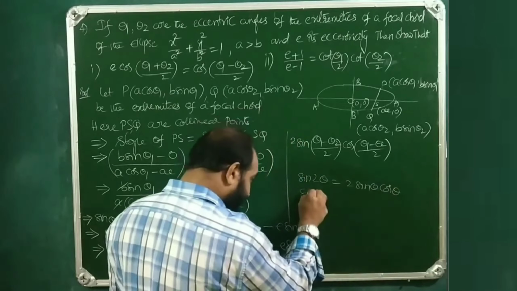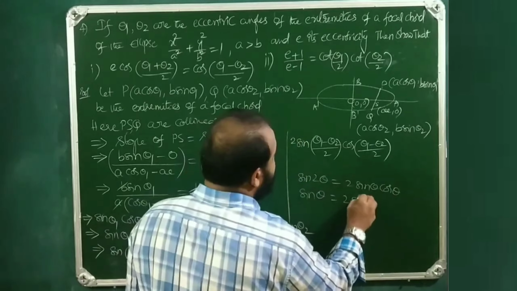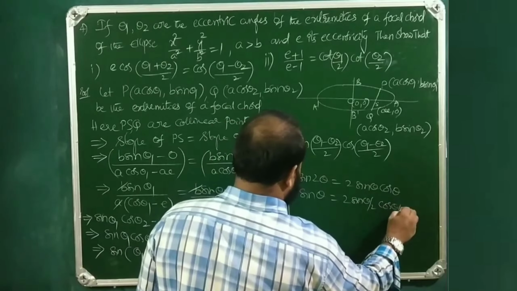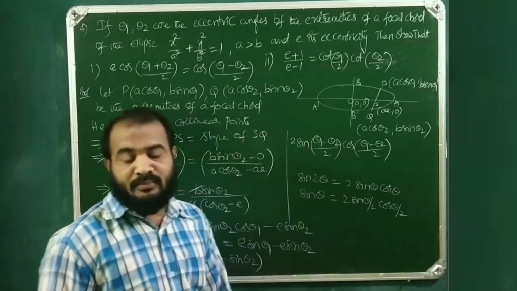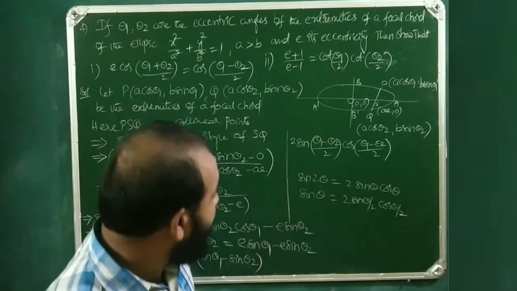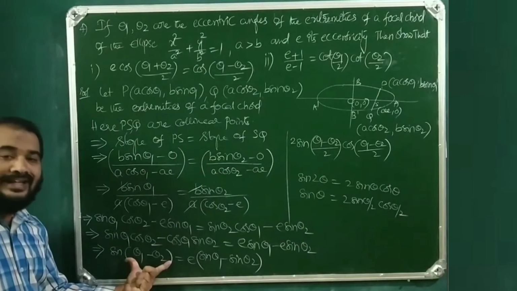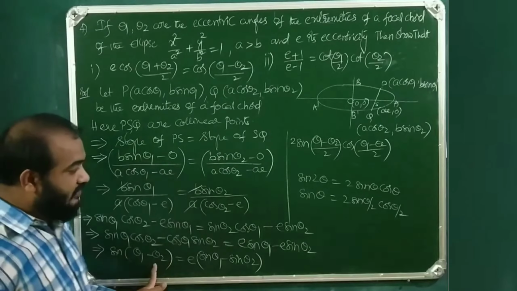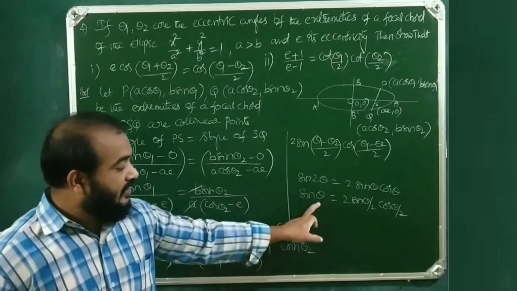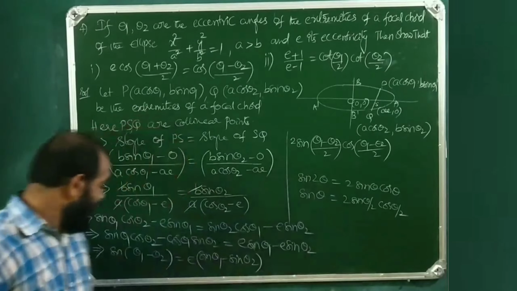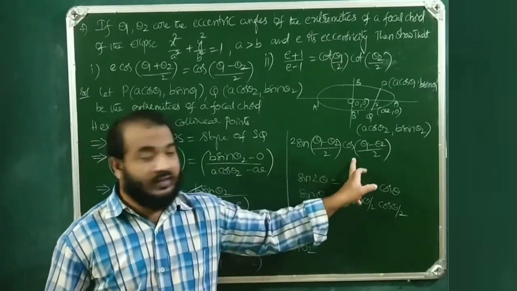So then what is sin theta? 2 sin theta by 2 cos theta by 2. Multiple and submultiple angles, last year we have learned these two. So here I have taken it to be theta. Then sin theta is equal to 2 sin of this by 2 cos of this by 2, according to this property. So the left side is 2 sin (theta 1 minus theta 2) by 2 cos (theta 1 minus theta 2) by 2.